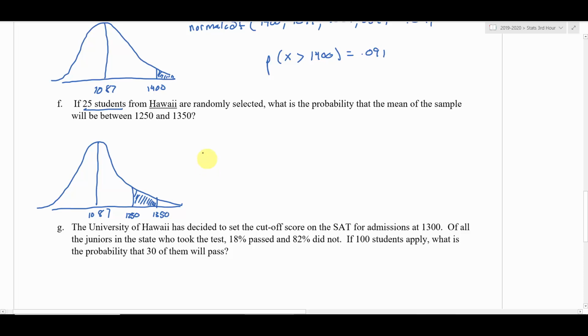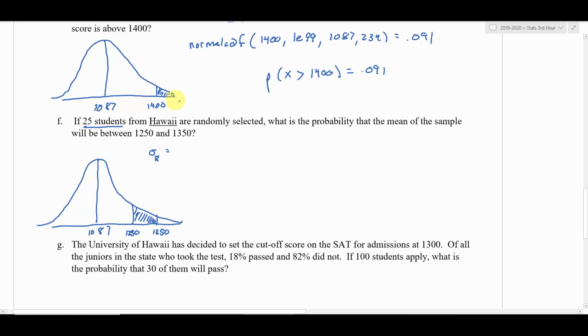That's the area that represents our probability, and I'm going to make sure that I calculate my new standard deviation. This is the standard deviation of the sampling distribution. Forget the original one, 234. We're going to take 234 and divide it by the square root of 25. You might be asking, well, this isn't above 30, Mr. Weldon.